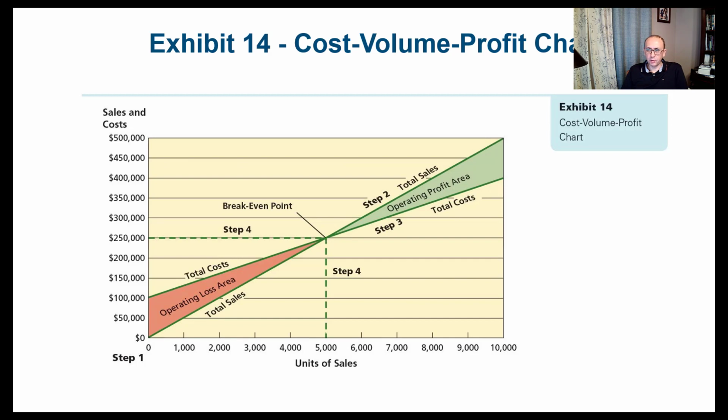And that would be the point of break even. So at 5,000 units, we're going to make sales of $250,000, but our cost would also be $250,000, which would lead to zero profit. In other words, we are going to be breaking even.